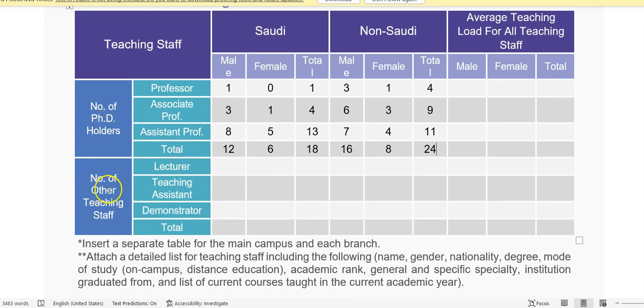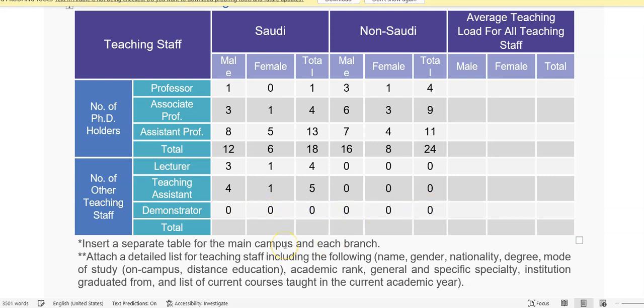If they are other teaching staff, lecturer, for example, 3, 1, 4, 0, 0, 0. Teaching assistants, we have 4, 1, 5, 0, 0, 0. Demonstrator, we don't have it.